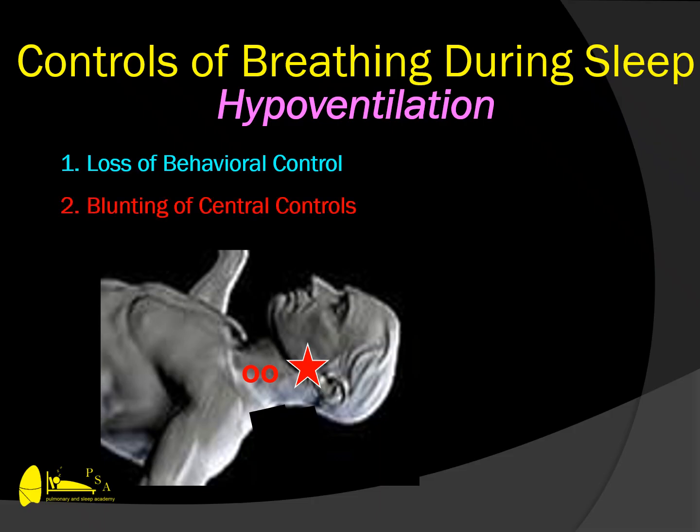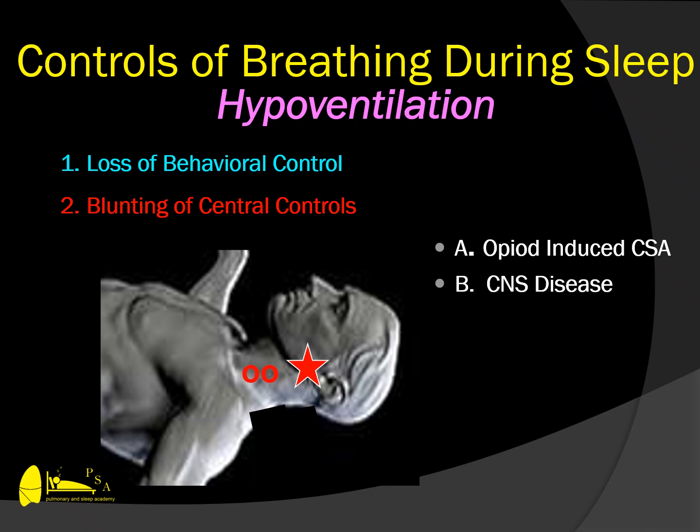And there's several different mechanisms by which this blunting or compromise in the central controls can take place. And some clinical examples of this are the use of opiates, and the mechanism that we're discussing here is one that is very prevalent, where apnea and respiratory failure can occur with excessive use of these medications.